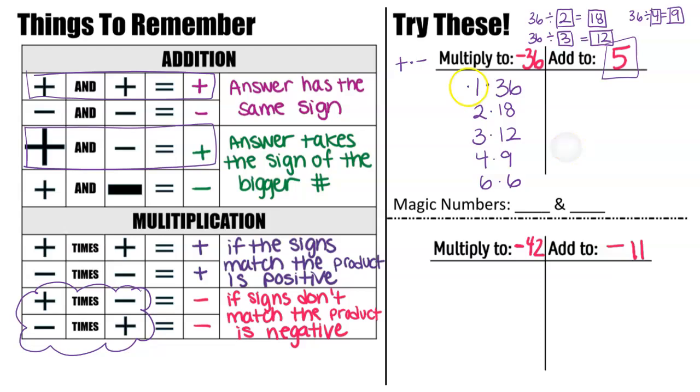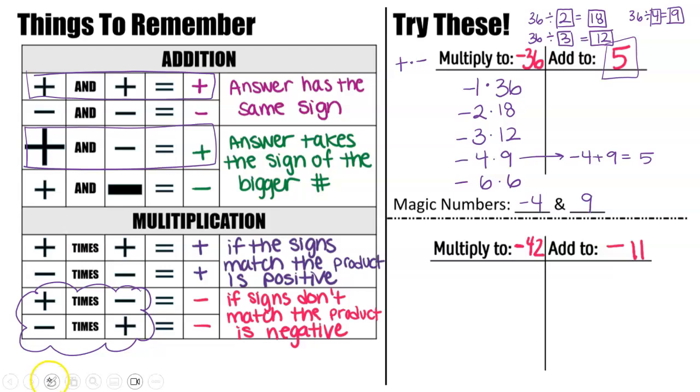So I'm going to make all of my smaller numbers negative because now I know when I add these together, it will end up with a positive result. At quick glance, and to save us a little bit of time, I can see that -4 plus 9 will give us 5. So those are our magic numbers.